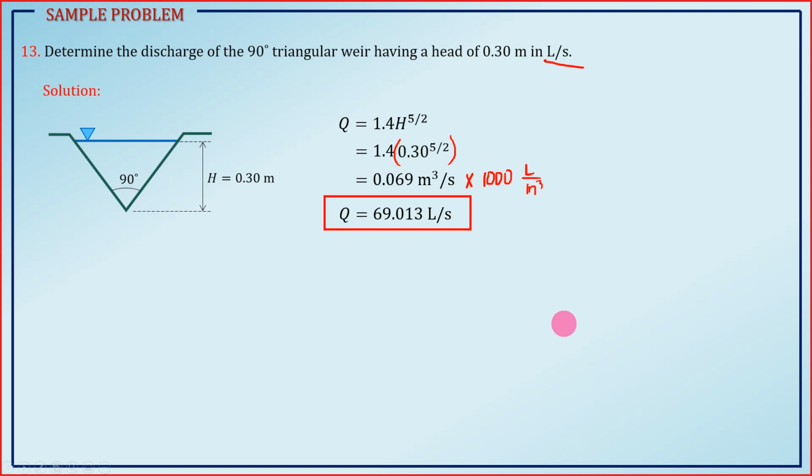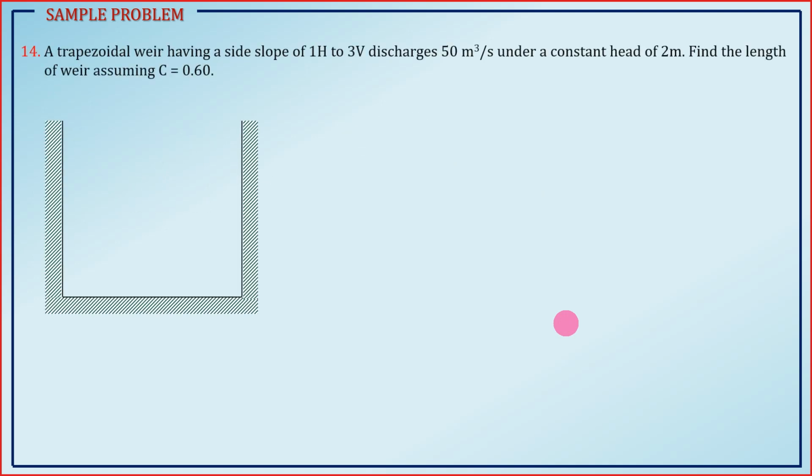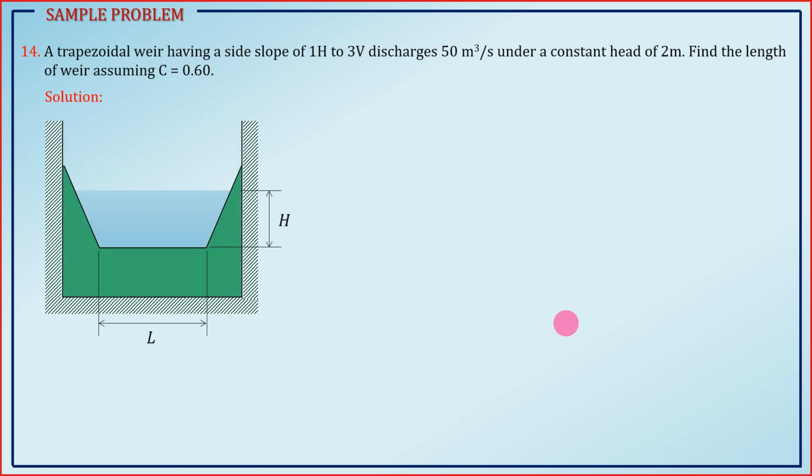So, let's have a problem about a triangular or trapezoidal weir. A trapezoidal weir having a side slope of 1 horizontal to 3 vertical discharges 50 cubic meters per second under a head of 2 meters.